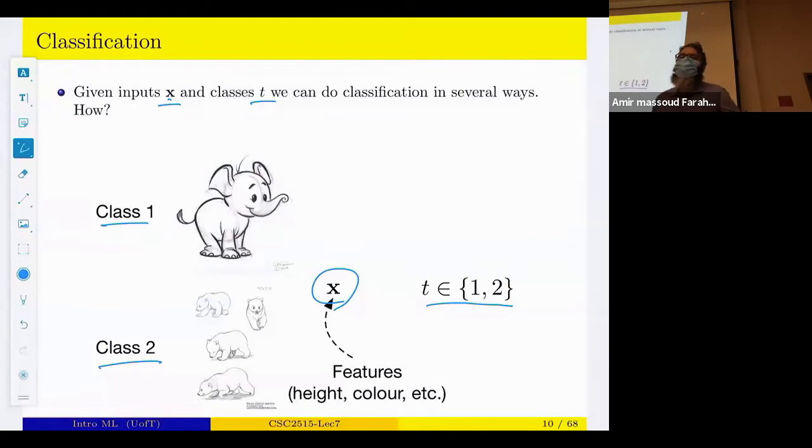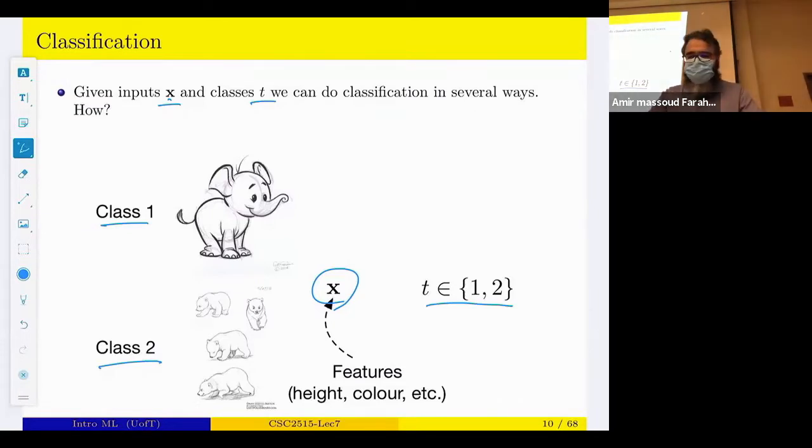So from X to T, what are some of the methods that we have already seen? Just give me a summary of what we have already faced. Binary classifiers, parameters, decisions. Okay, so that's good.